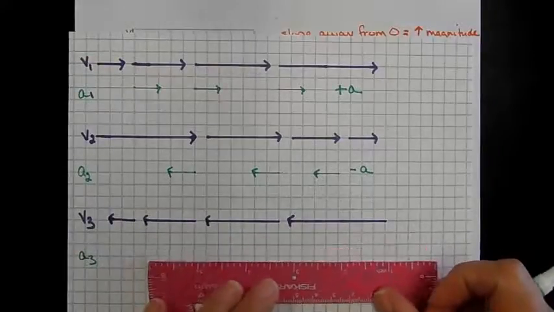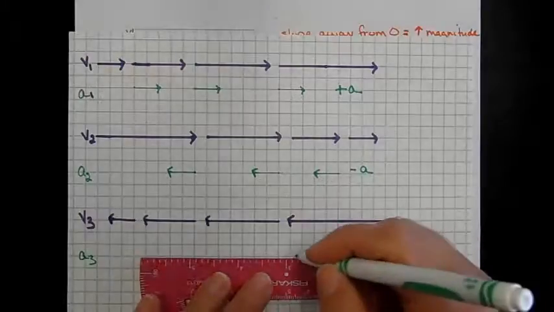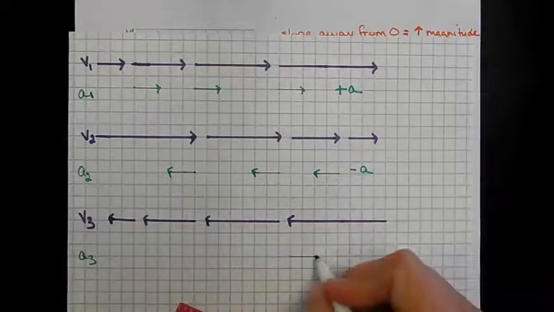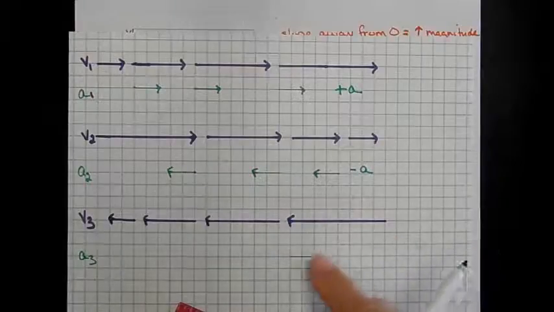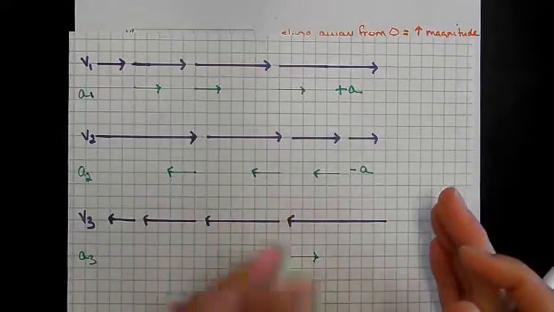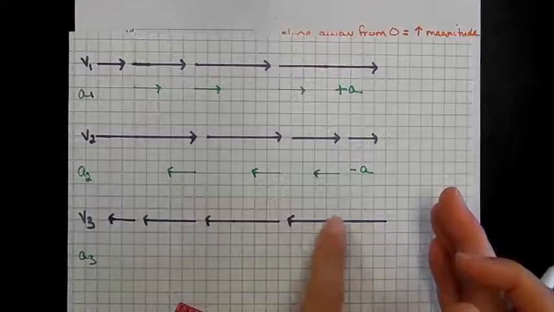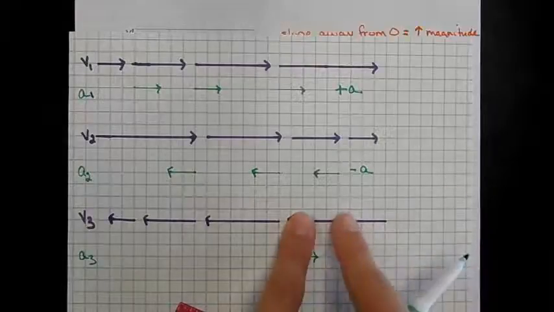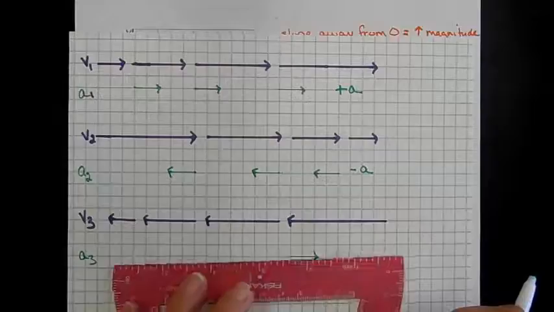So in this case, we have an acceleration going this way. So when we add this one and this one, we're actually subtracting it. We're chopping it off because they're in opposite directions. So when we take this and we chop it off with this one, we get that one.